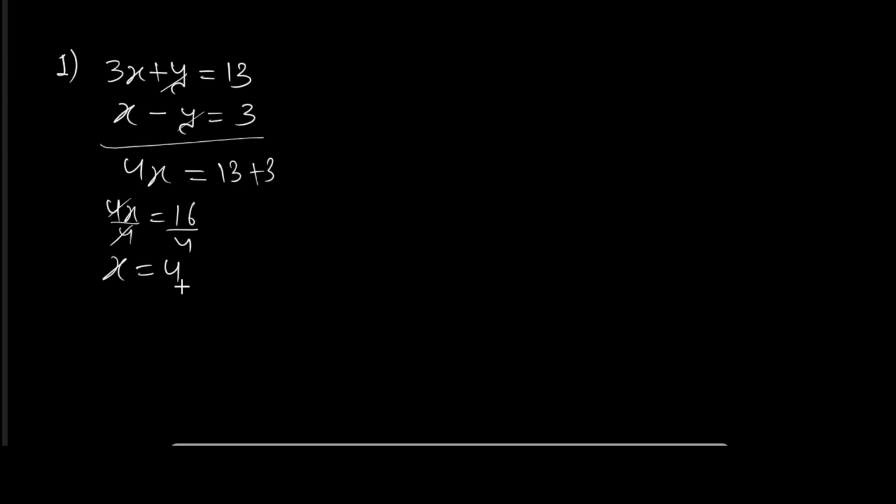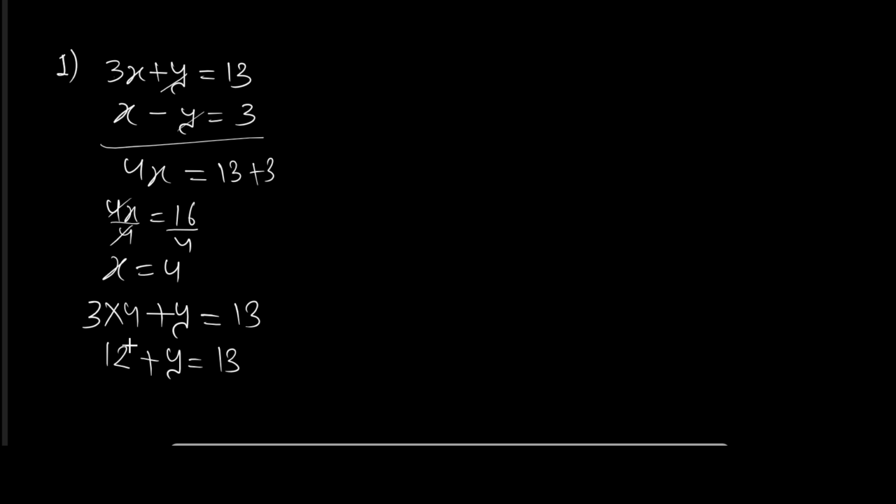Now for finding the value of y, let's plug this value, x equals 4, into the original equation. So let's put x equals 4 in the first equation. So we have 3 times 4 plus y equals 13. So 3 times 4 gives us 12 plus y equals 13.